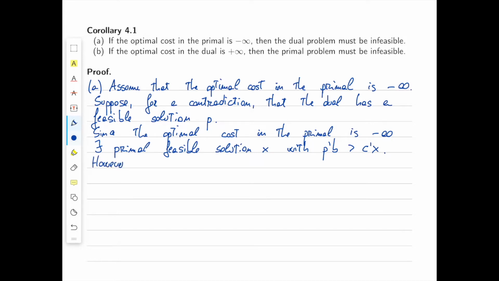However, by weak duality, we have p transpose b less than or equal to c transpose x. We have found a contradiction, hence the dual cannot have a feasible solution.